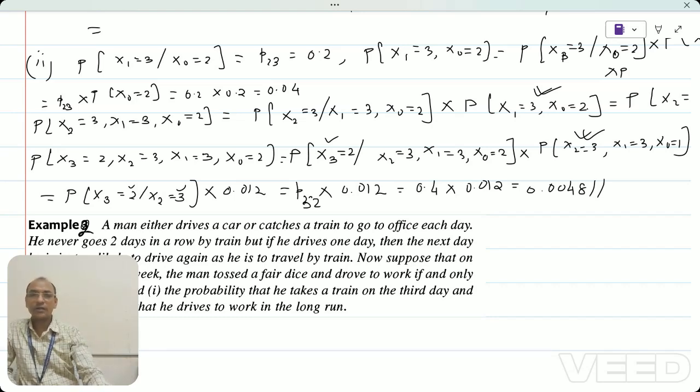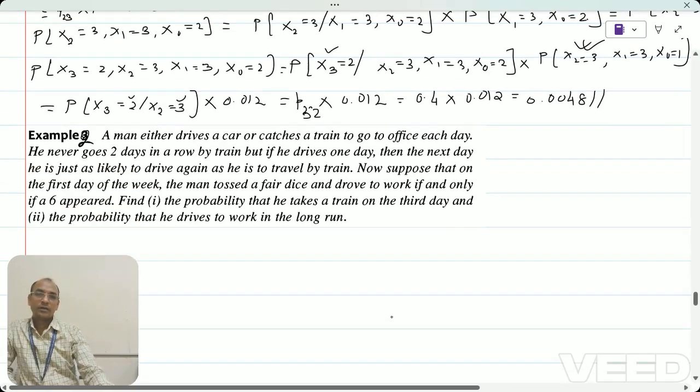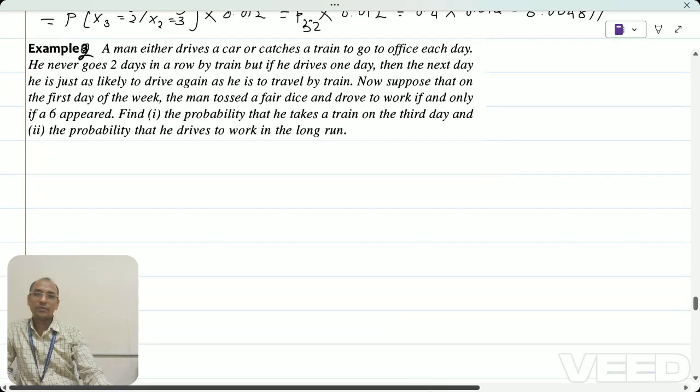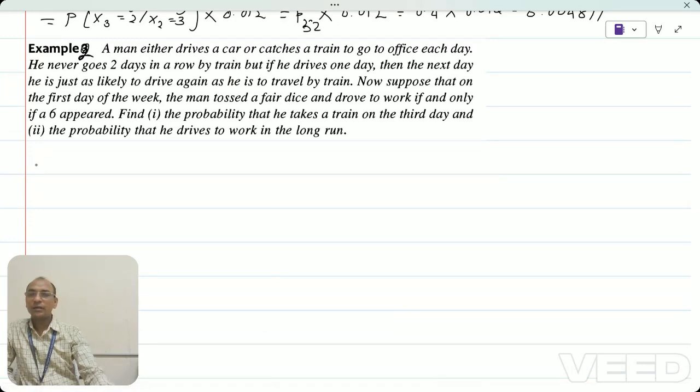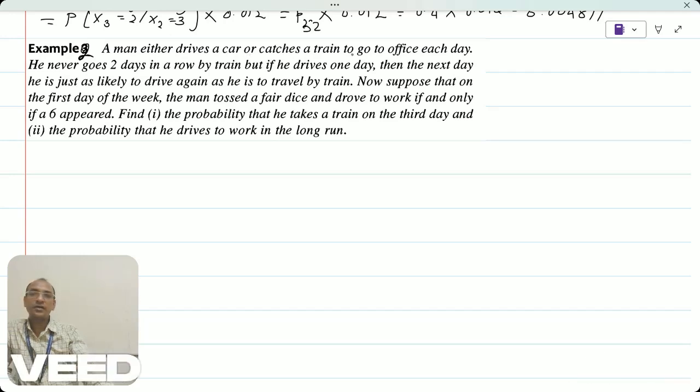Then let me take another example. Example 2. Example 2 is saying a man either drives a car or catches a train to go to office each day. He never goes 2 days in a row by train, but if he drives one day, then next day he is just as likely to drive again as he is to travel by train.